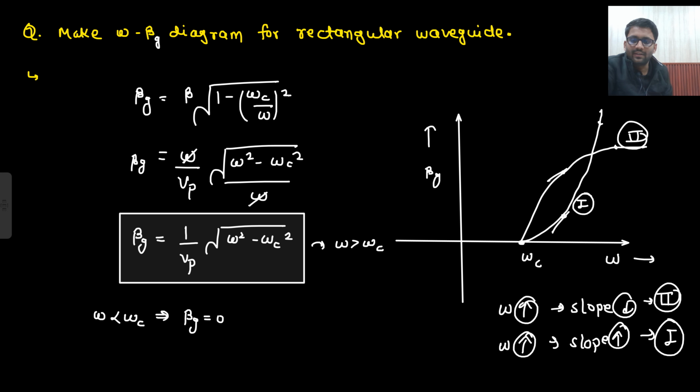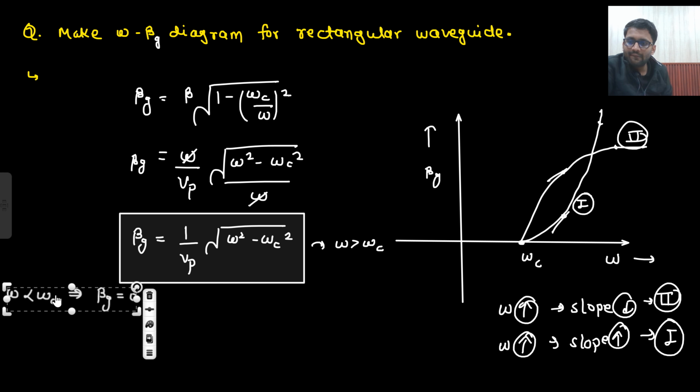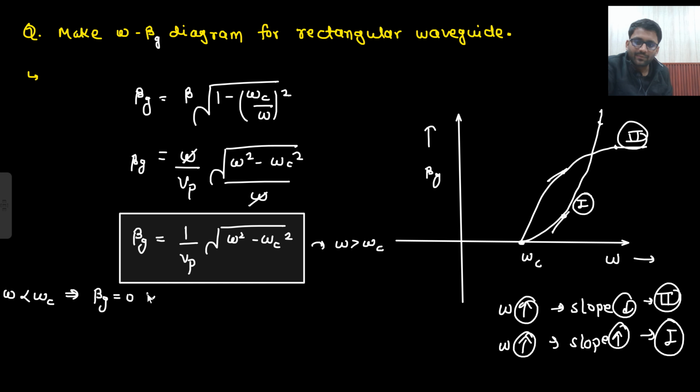Let's write it down here. So what am I calculating now? Del beta g divided by del omega, that would be equal to 1 by Vg, sorry, not Vpg, sorry, 1 by Vg, really sorry. This will be our guided group velocity, right? Or you can directly calculate the slope as well. Forget about all these things, just calculate the slope.